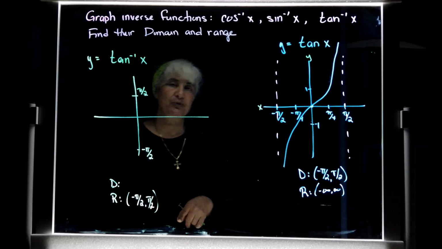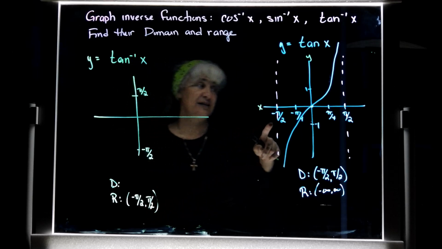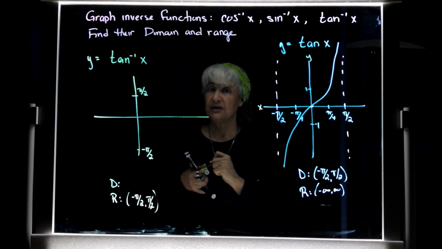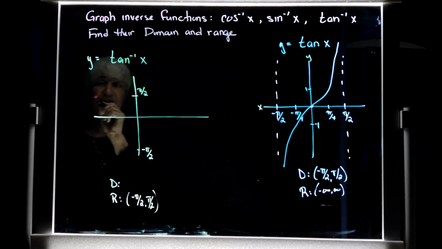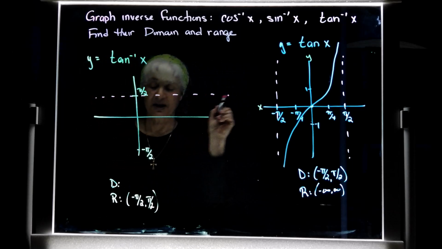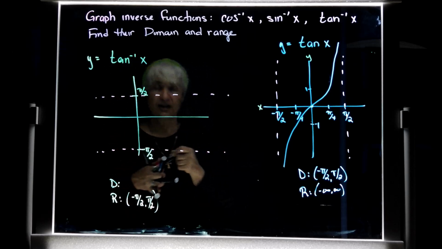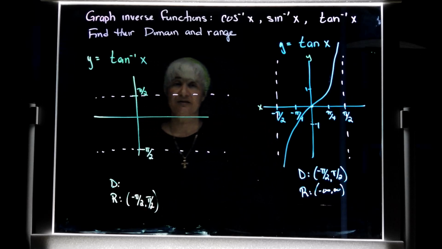And you're like, you still put parentheses. You're right, I did. Because these are asymptotes at negative pi over 2 and positive pi over 2 on the tangent graph. So on the inverse tangent graph, the positive pi over 2 and the negative pi over 2 are still asymptotes, but now they're horizontal asymptotes, the flip of vertical asymptotes.